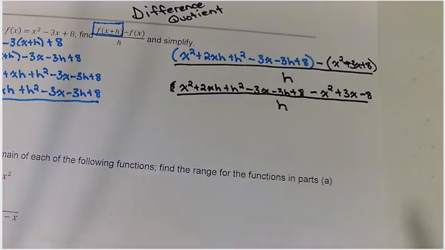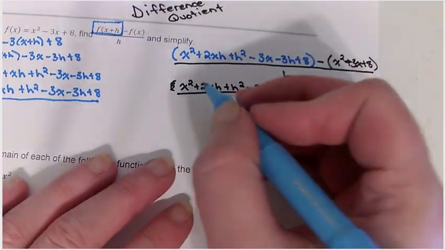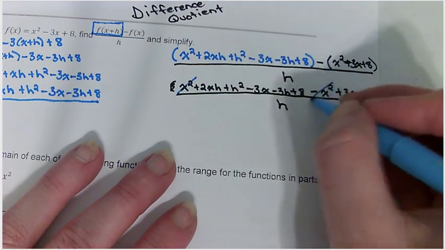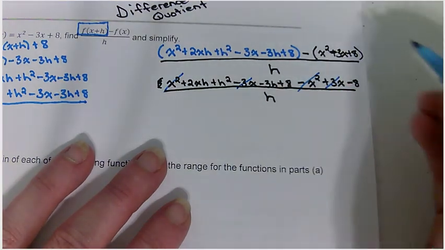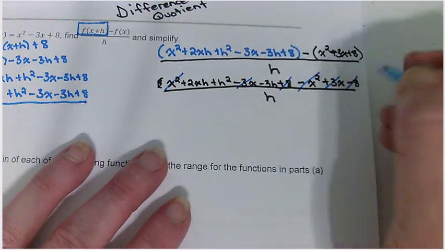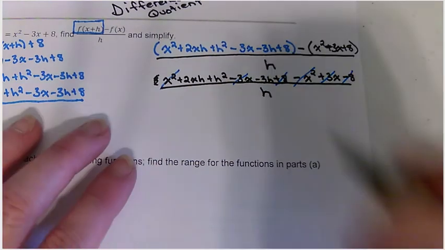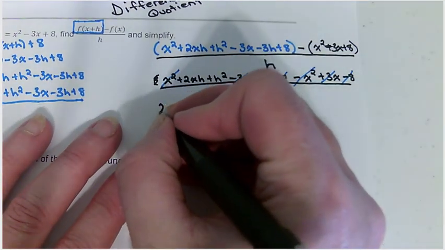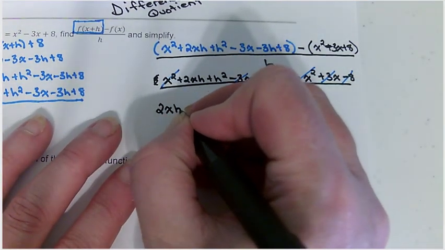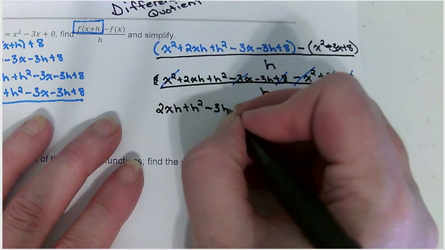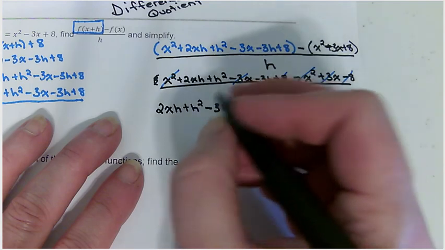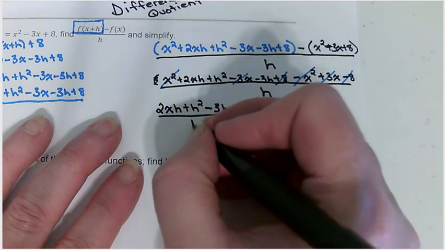Ooh, I see some interesting things happening here. Got an x squared and a negative x squared. Got a negative 3x and a positive 3x. Positive 8 and a negative 8. Ooh, that's a lot of stuff. So now I've got 2xh plus h squared minus 3h, and everything else has gone away. And that's all being divided by h.